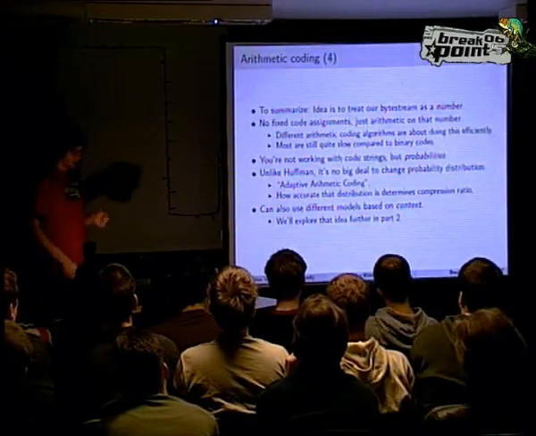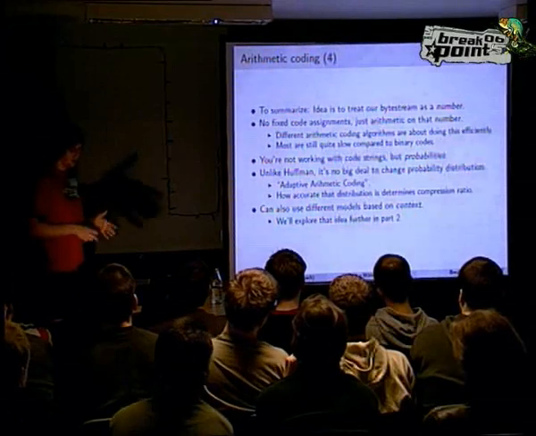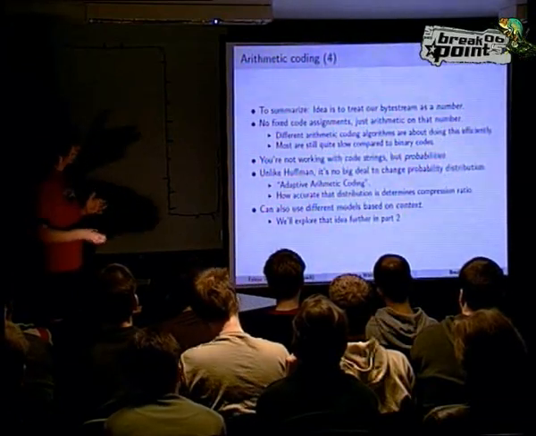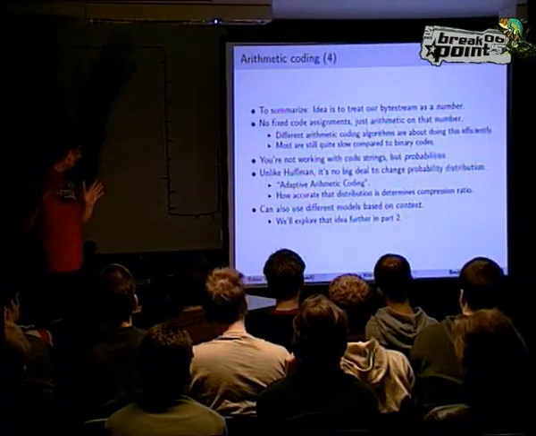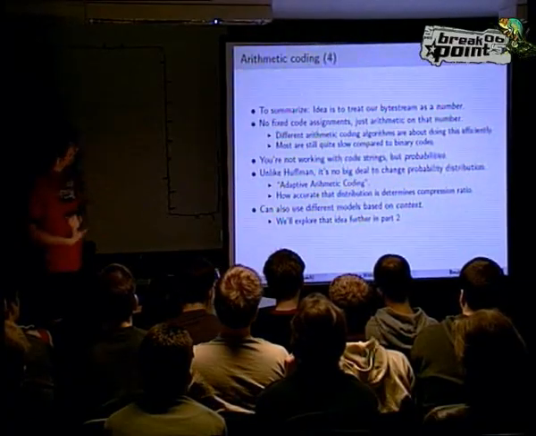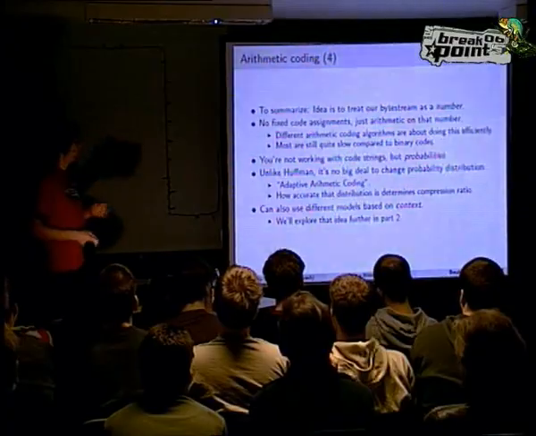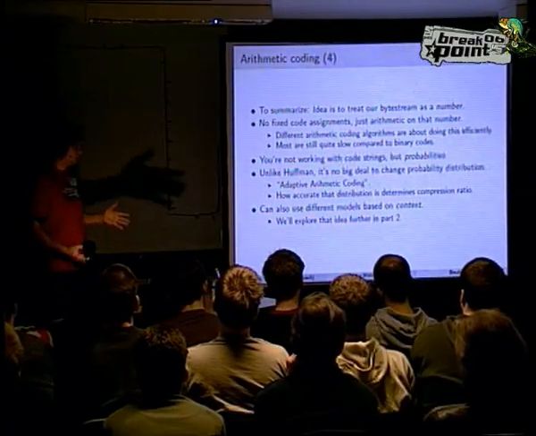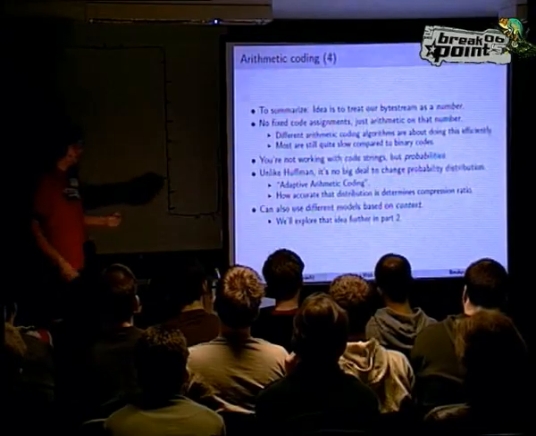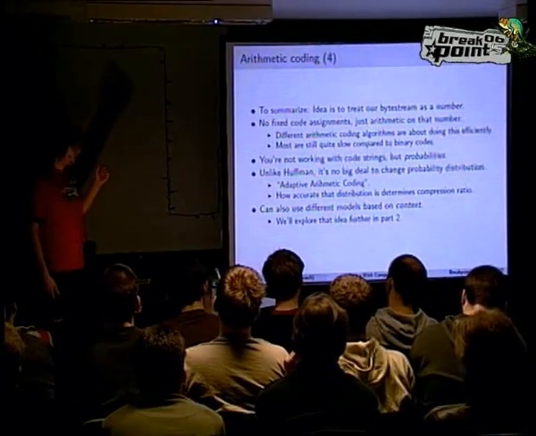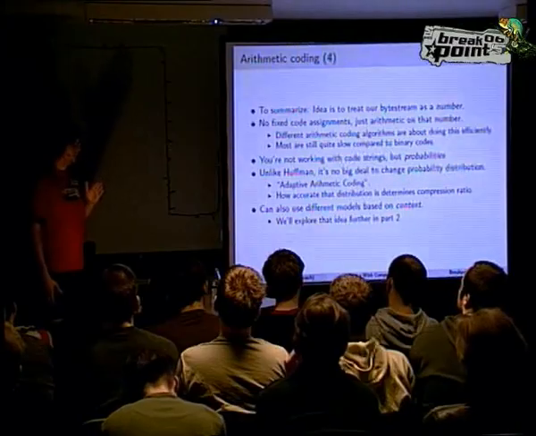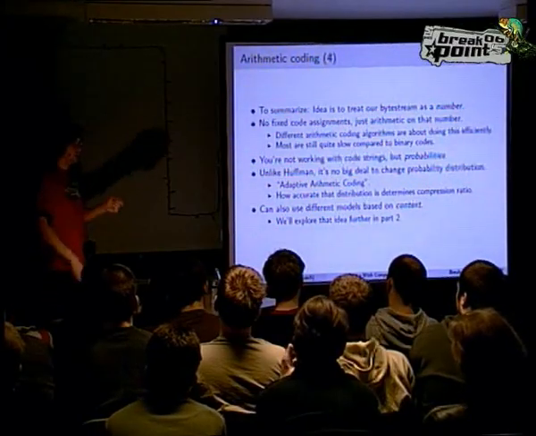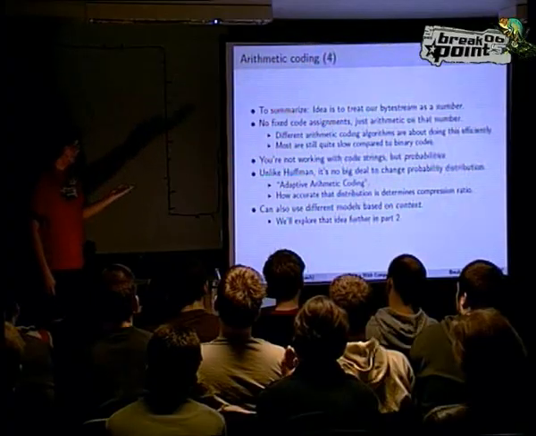And you can even go a bit further and use different models, different sets of what is how probable based on the context, which again, I'll define more precisely in part 2. But the basic idea is, for example, when you have an English text again, the character U is very probable if the last character you've seen before is a Q. Because in English text you always have QU.